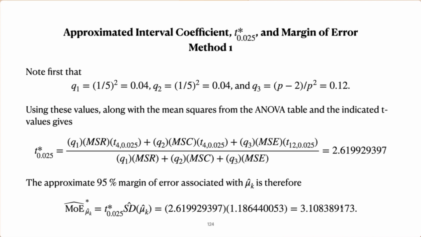And so to calculate the approximation, we have these values that are called Q, Q1, Q2, and Q3. And in this particular situation, for estimating the individual treatment means, Q1 is equal to 0.04, Q2 is the same, and then Q3 is equal to 0.12.